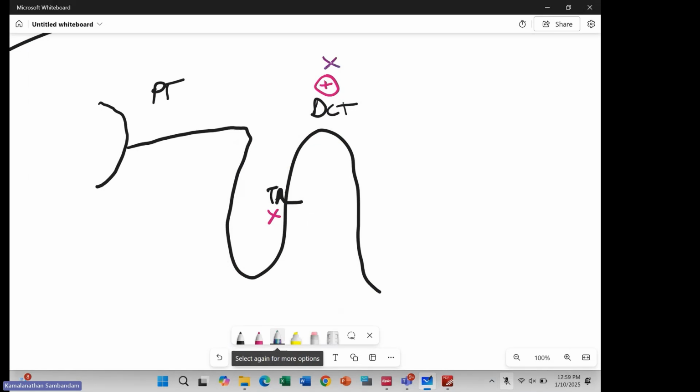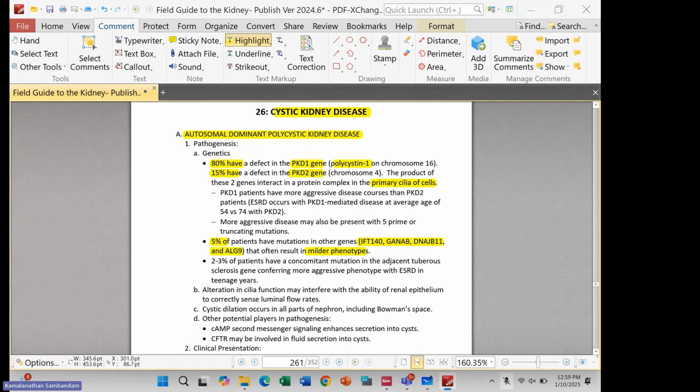Okay, so those are all places where you can have, again, uncontrolled cell division resulting in the cystic dilatation of the nephron, and then ultimately macrocysts that can be seen on imaging. Okay, so again, there is this genotype phenotype correlation.